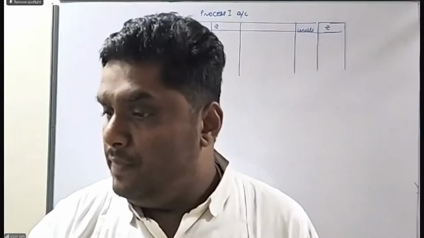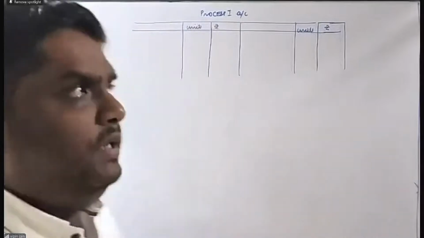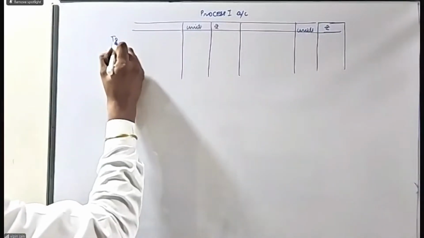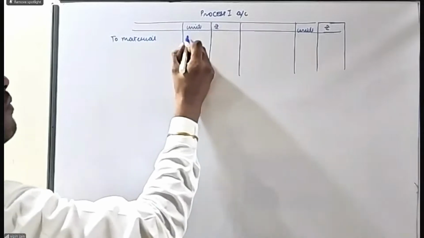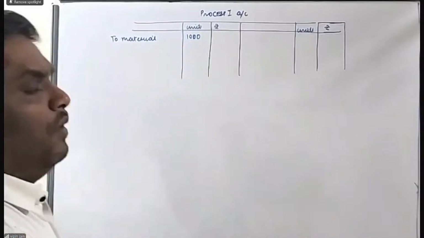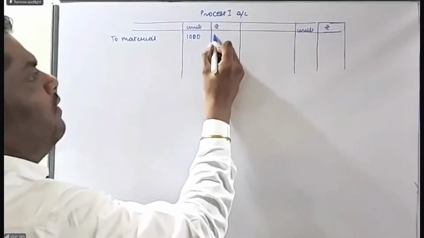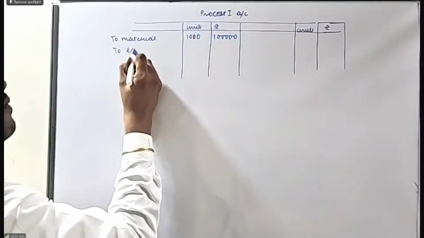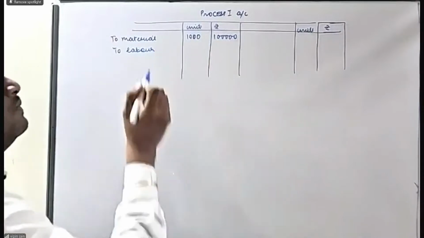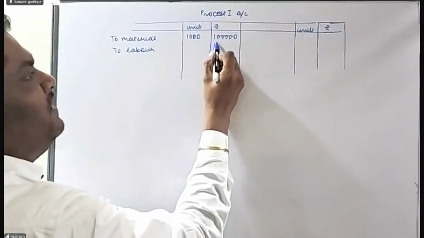So see, the material is 1000 units. The cost is 100, so it will be 1 lakh. Labor cost is 1,50,000.